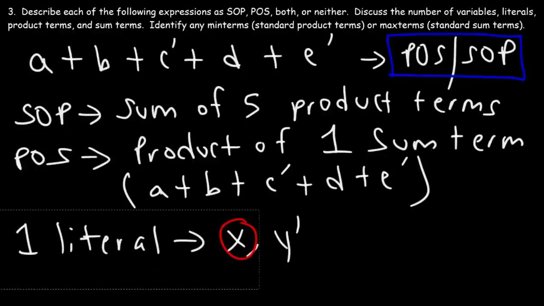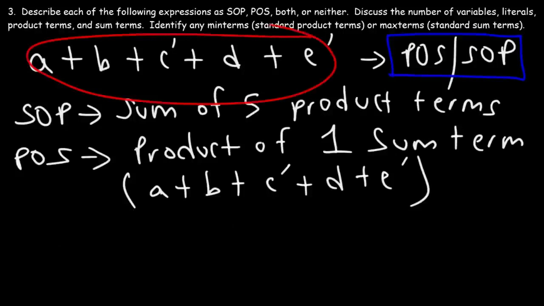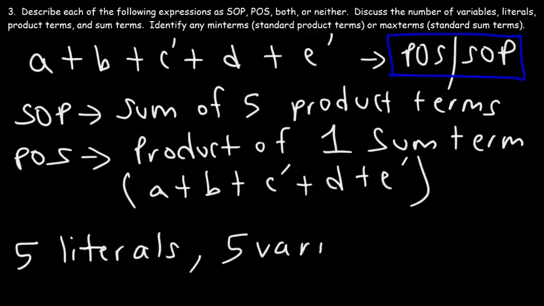Now for this particular example, we have a total of 5 literals: A, B, C prime, D, and E prime. We also have 5 variables: A, B, C, D, and E. And so that's it for that expression.